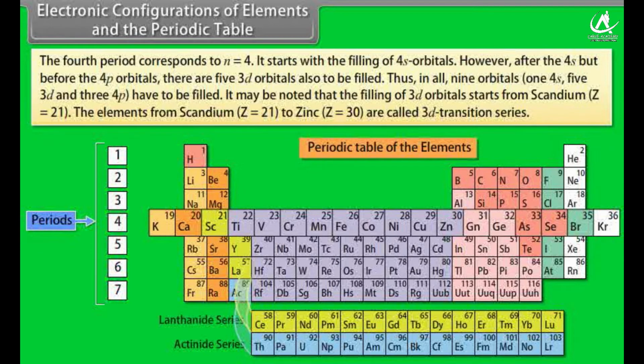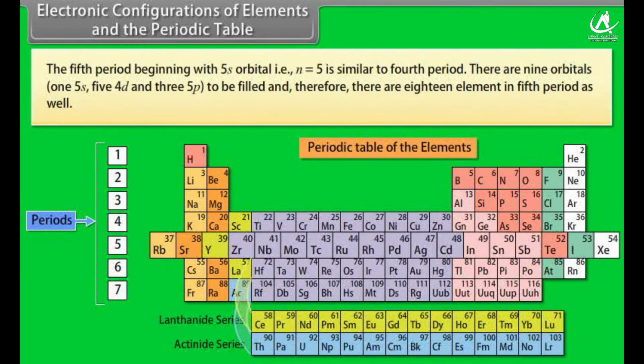It may be noted that the filling of 3d orbitals starts from scandium, atomic number is equal to 21. The elements from scandium, atomic number 21, to zinc, atomic number 30, are called 3d transition series.